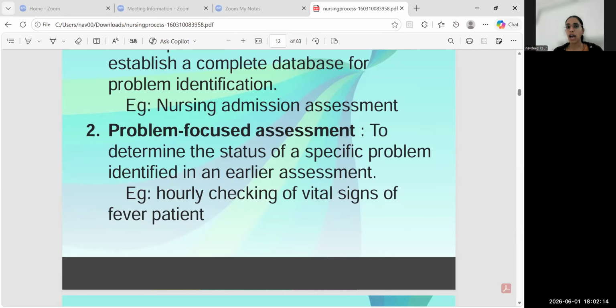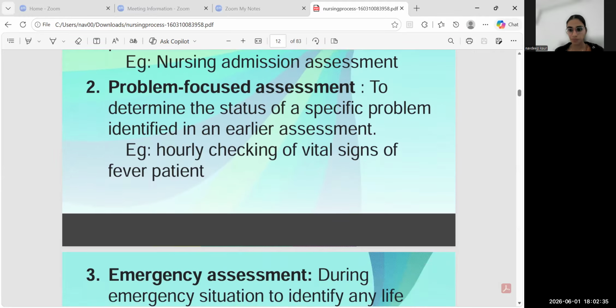So we continue with that assessment, checking the vital signs hourly, to see whether the patient's temperature is going down, getting better, or worsening, and according to that we take the next step.